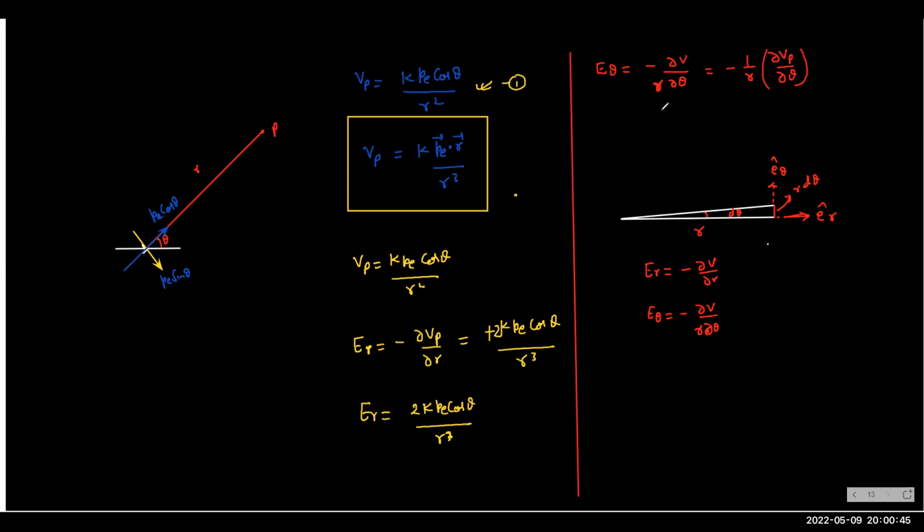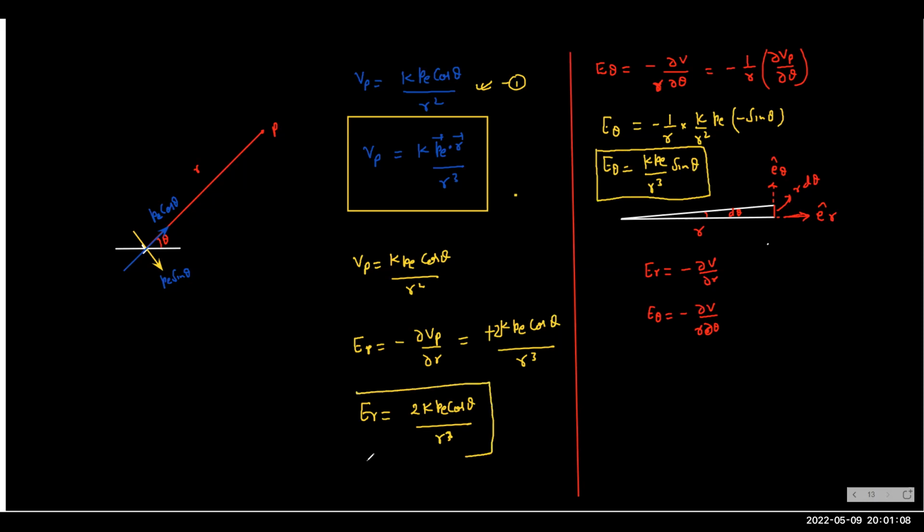So if you differentiate this, you get minus 1 by R into K by R square into P, and cos theta differentiates to minus sin theta. So E theta turns out to be K P sin theta by R cube. You can see something interesting: we got both answers from the potential very easily. So whenever potential is given, you can always apply the radial component and the angular component, if any, to get the answer. Understood?